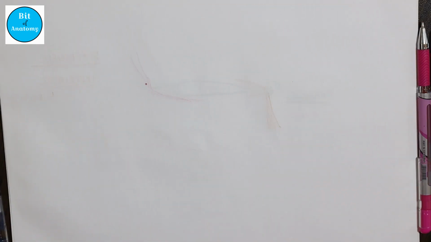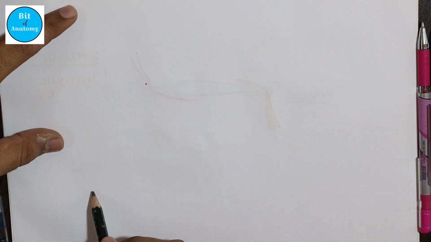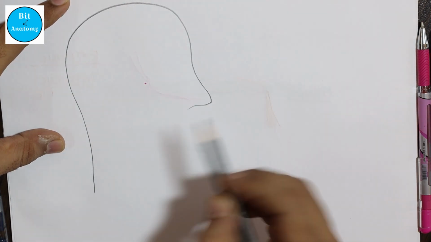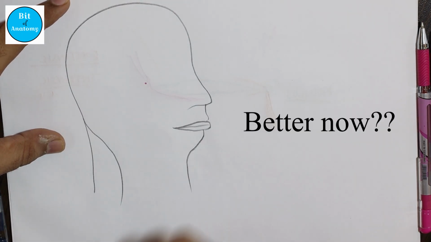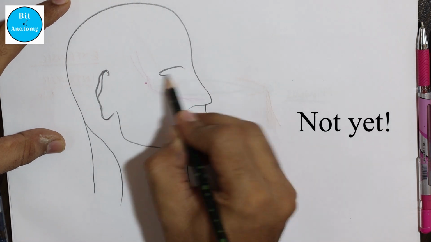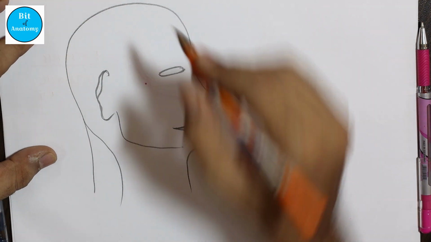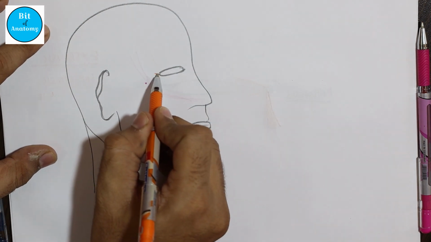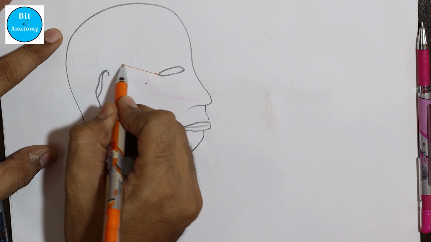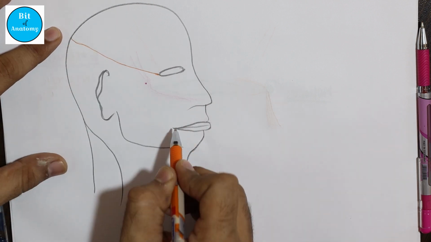Now if we see the sensory nerve supply of the face, the sensory nerve supply is mainly from various branches of the trigeminal nerve. To divide the various areas supplied by the 3 divisions of the trigeminal nerve, we can take a line from the lateral angle of the eye to the vertex of the skull.